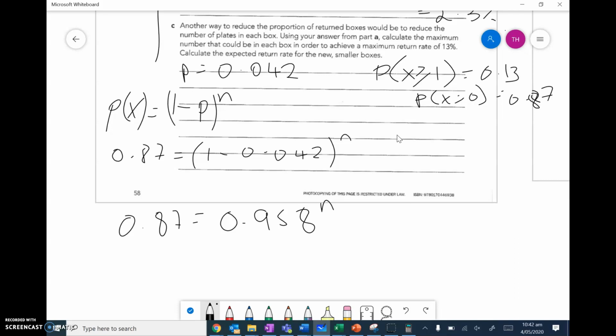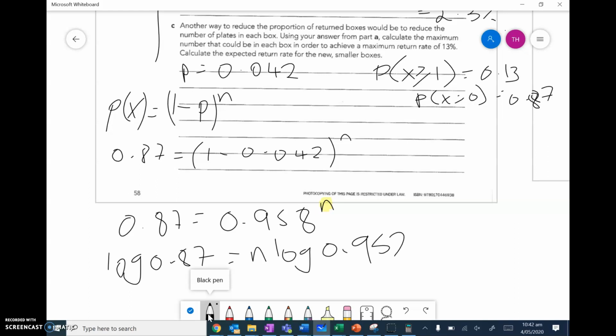It's okay, just know that if you go log 0.87, you don't have to do anything else to that side, but when there's the n up here, we're going to put a log on this side too, but the n then comes in front. So it becomes equals n log 0.958. It's just a log rule that you learn in 12 MAC, but it's the only rule we need for stats.